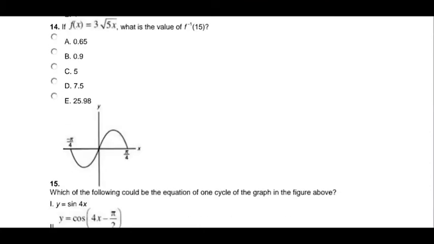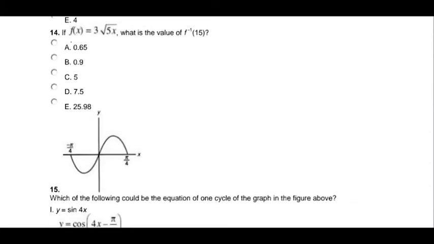Let's go on to 14. So we have f of x here. It's 3 by root 5x. So 3 by root 5x. Okay, so if that's f of x, let's get the inverse. So I'll just show you how to get the inverse now. So f inverse process. So let's put y instead of f of x and let's invert it. So y is equal to 3 root 5x.